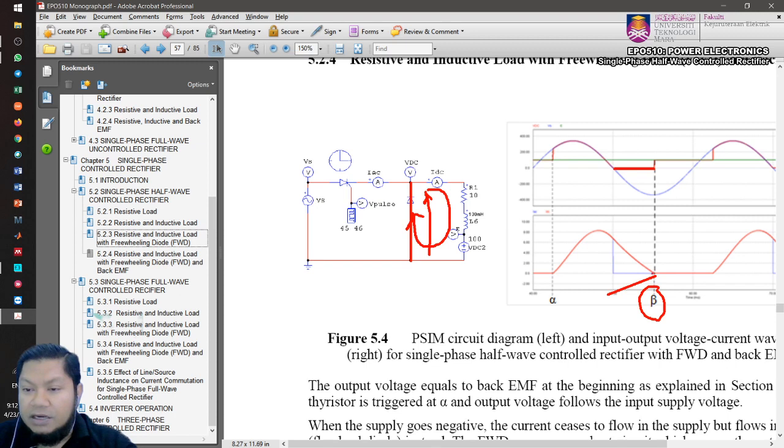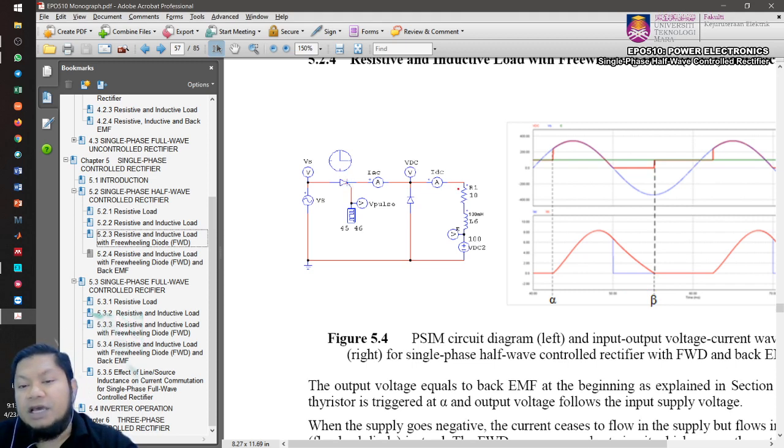When the current goes to 0, there is no current flow. This is also an open circuit, and therefore VDC equals the back EMF again. So that's why you have this back EMF. Right? So this is your output voltage again.